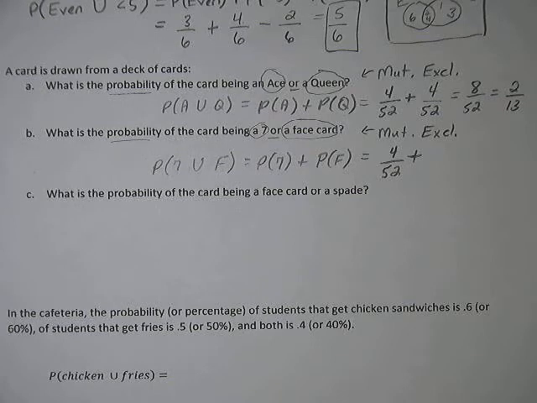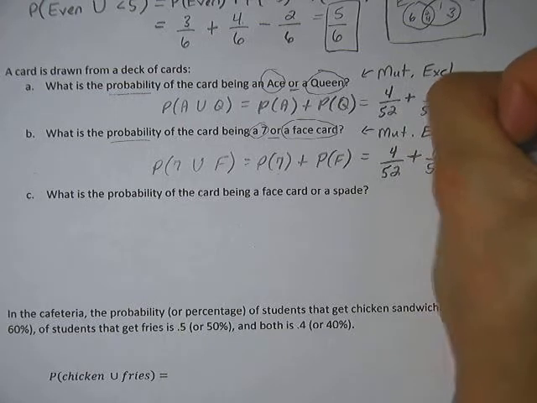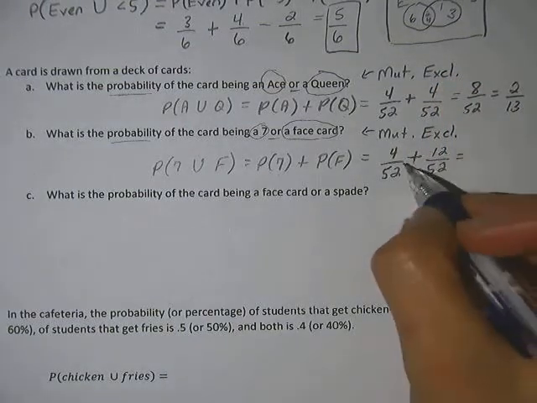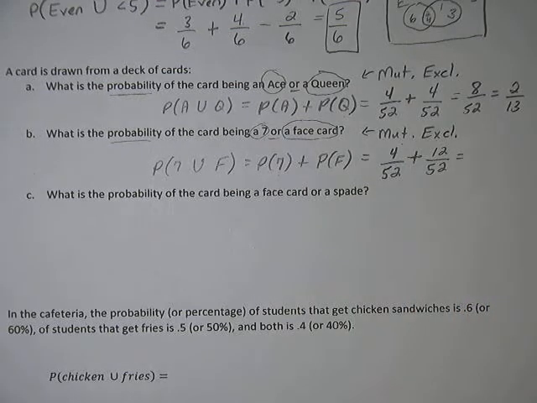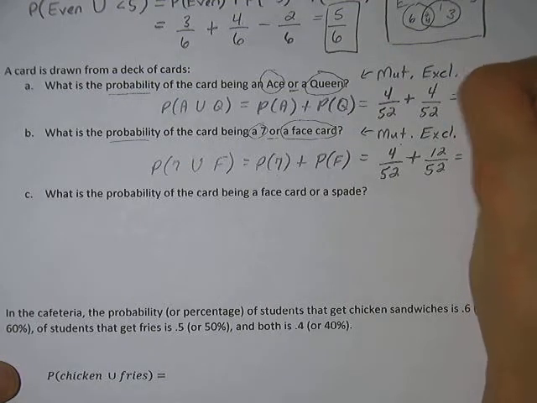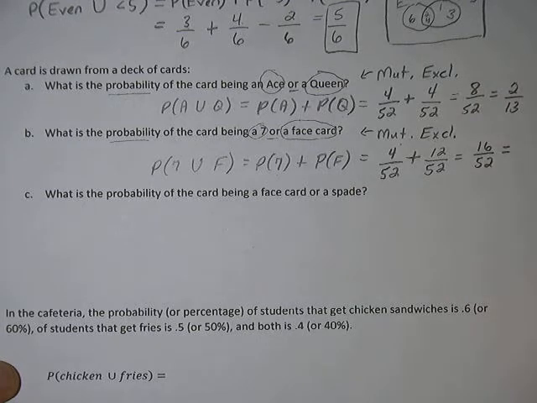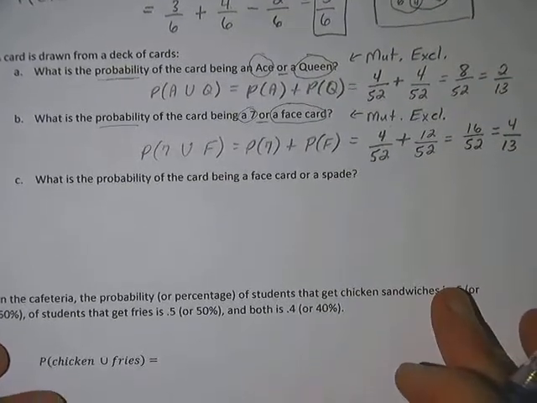So 4 plus 4 plus 4 is 12. So there's a 12 out of 52 chance of getting a face card. And then you just have to add them because remember, they didn't have anything in common, or they can't happen at the same time. And so you don't have to worry about the subtracting part. So 4 plus 12 is 16. And that's out of 52. And so 16 out of 52 reduces to 4 over 13. So I have a 4 out of 13 chance of either getting a 7 or a face card.